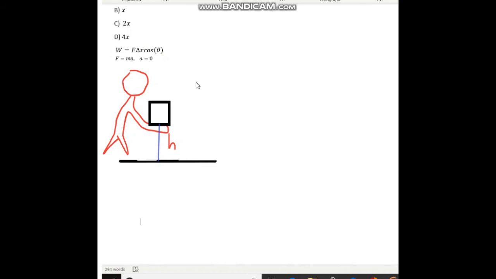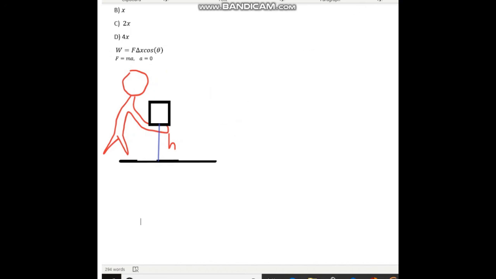for an example of that, I can show you if an object is being dropped from a certain height to the ground. So the work on that object, since it's dropped, the F is going to be mass multiplied by gravity, multiplied by the displacement.